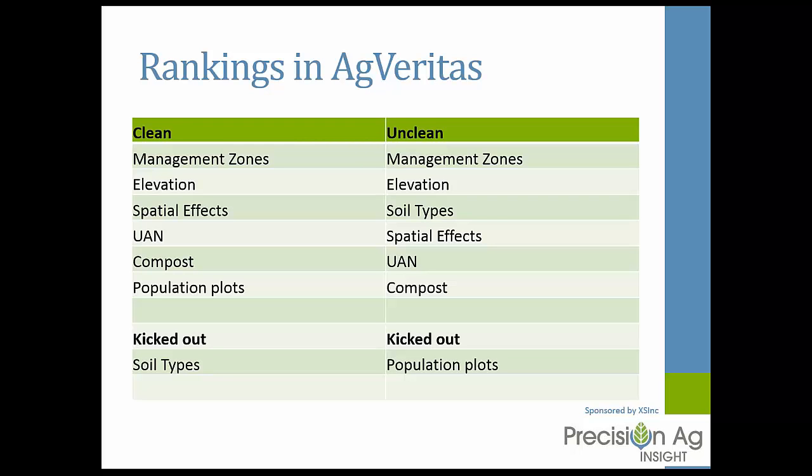With the unclean data set, I would have said flat rate the field at 34,000, for example, because there was no population response. With the clean data set, however, there was a range of population response based on those check plots. So it just magnifies the importance of using the clean data.